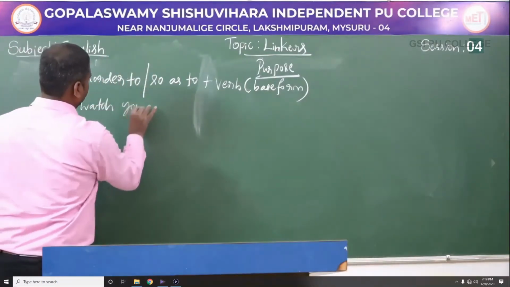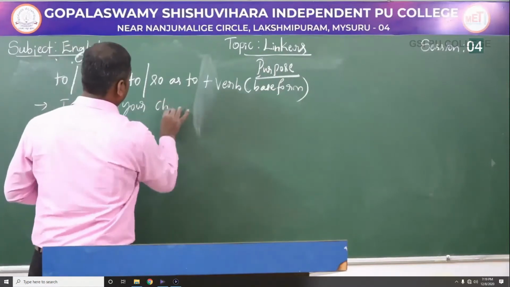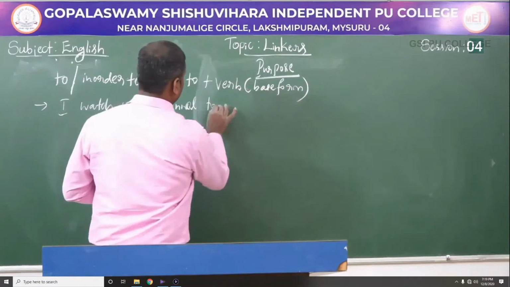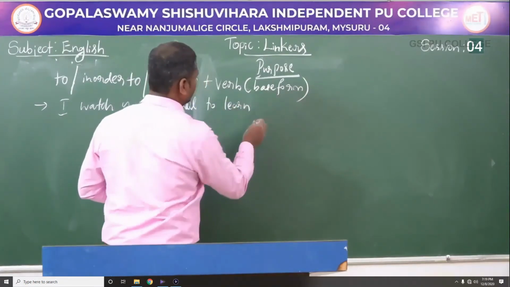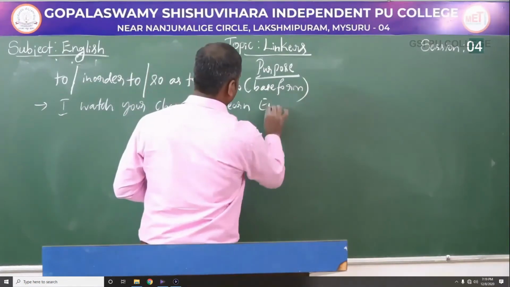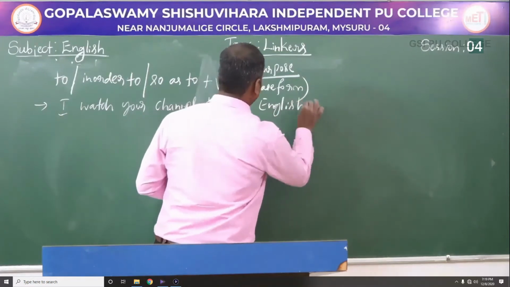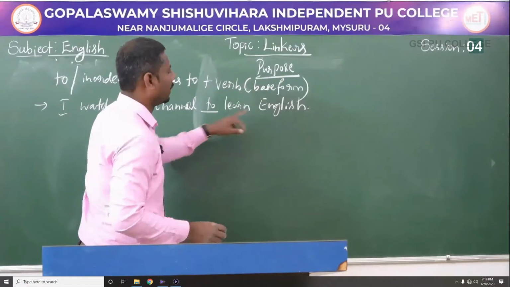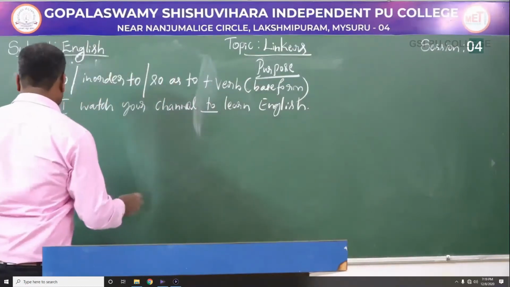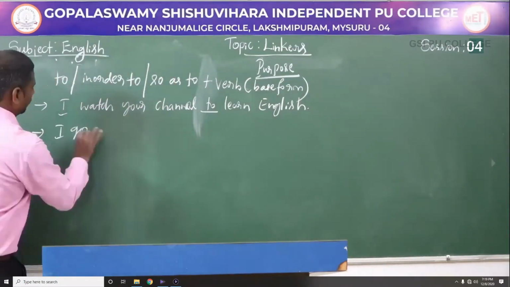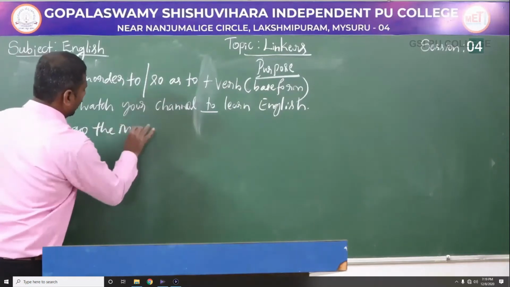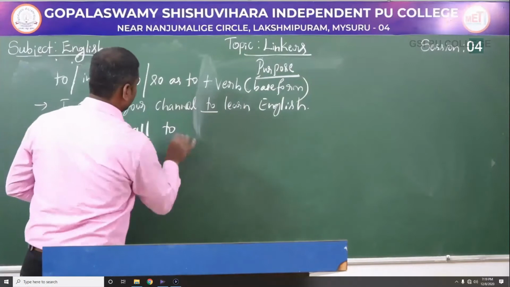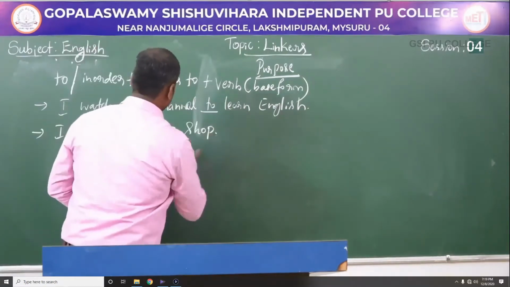I watch your channel to learn English. So here the linker to shows the purpose, why you do that. Similarly, in the next sentence, I go to the mall to or in order to shop.